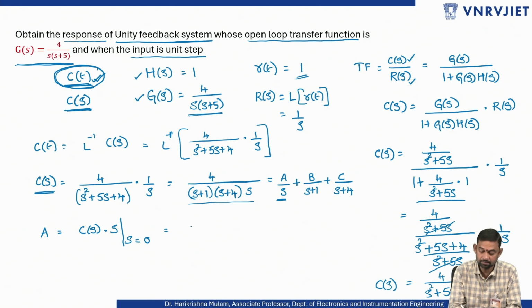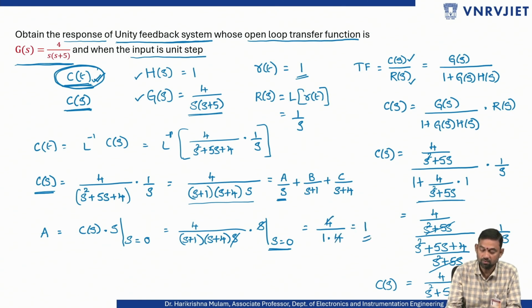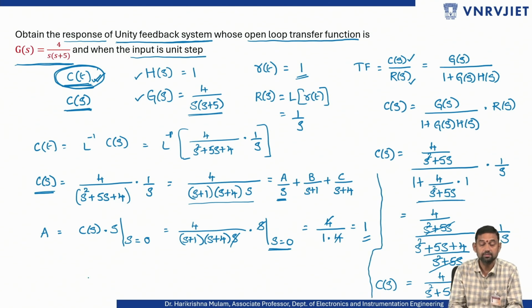C(s) is 4 by (s plus 1) into (s plus 4) into s, whole into s. This s gets cancelled, therefore 4 by, with s is 0, 0 plus 1 is 1 into 0 plus 4 is 4. So 4 gets cancelled. Therefore A will be 1.